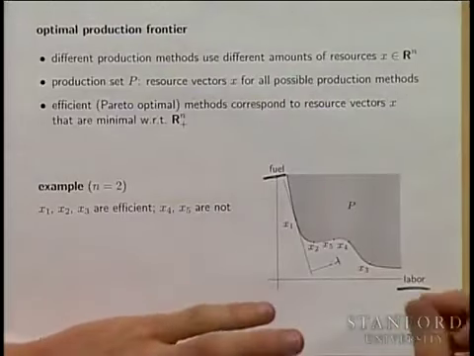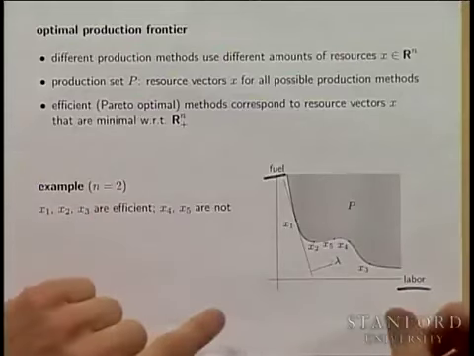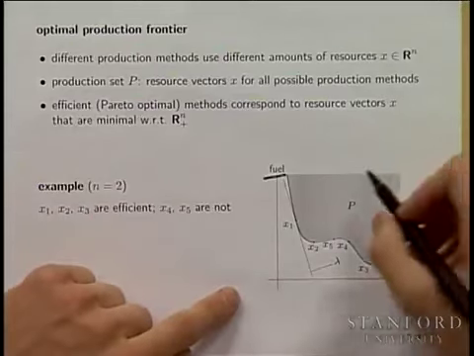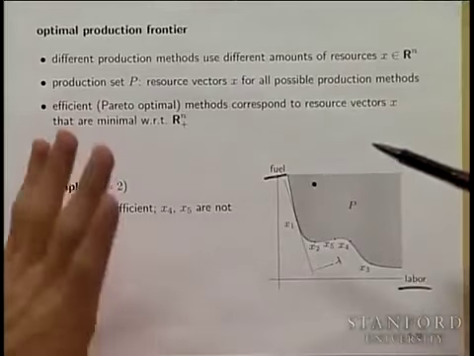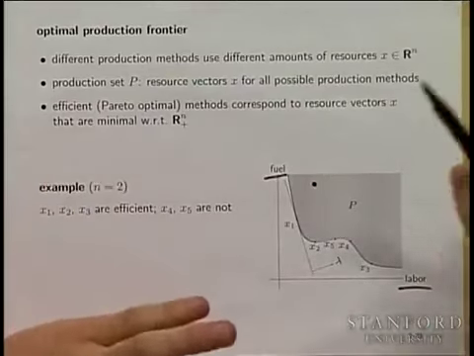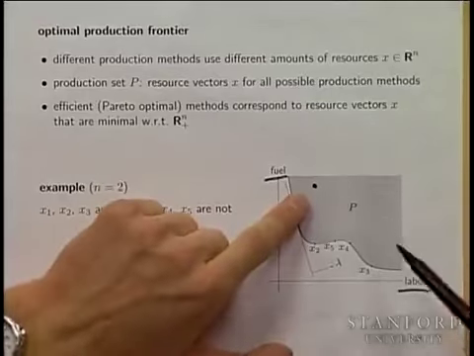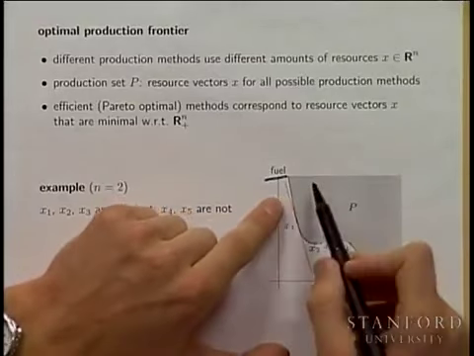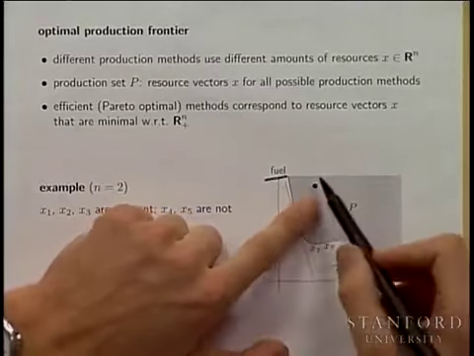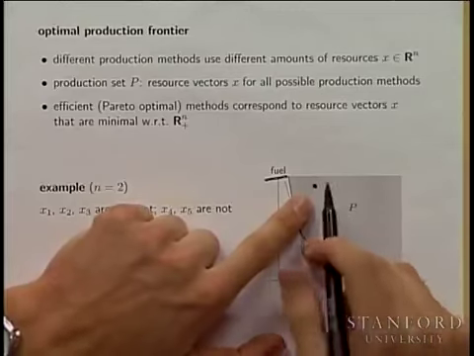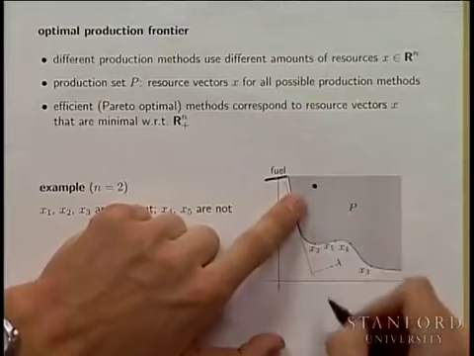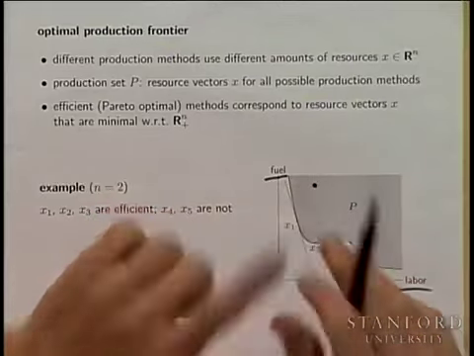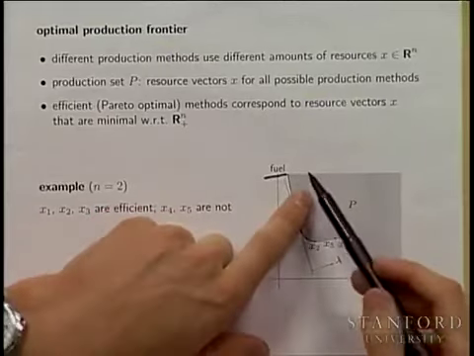Say we're testing out different production methods in our factory. If a point is in the set P, it says that there is some production method which, say, produces 100 milk bottles, and it takes this amount of labour and this amount of fuel. So if x is in P, there is some possible production method that uses that amount of labour and this amount of fuel. This is a very simple example in R2.